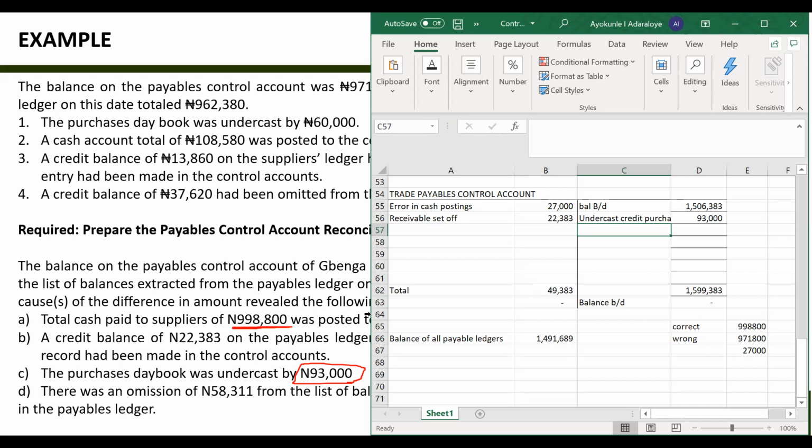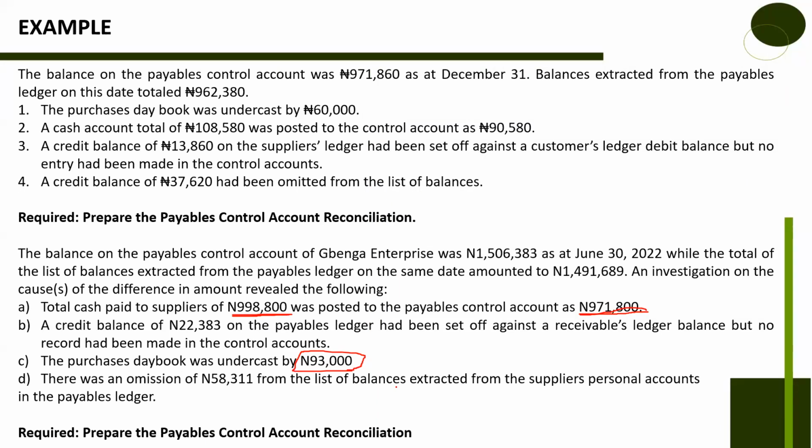We are picking the total purchases. That's where we picked the wrong one. So 93,000.